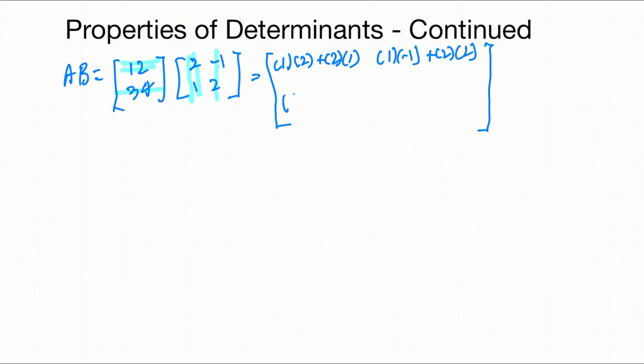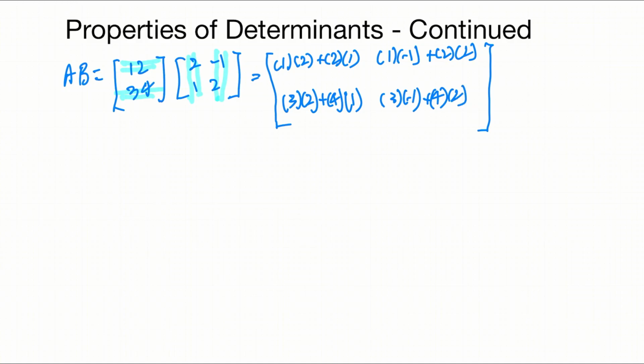So we got 3 times 2 plus 4 times 1. And then our final element is going to be 3, 4 times minus 1, 2. So that's 3 times minus 1, and then plus 4 times 2.